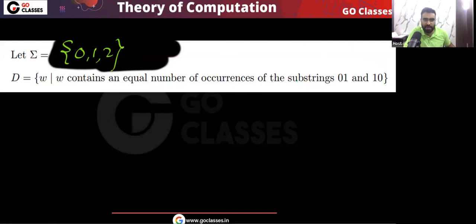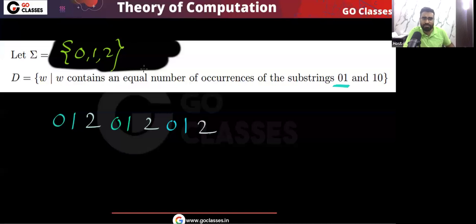Now they are totally independent. Why? Because now I can repeat 01 without 10. Notice what I will do: 01, then I put 2, then 01, then 2, then 01, then 2. Okay, is this clear?